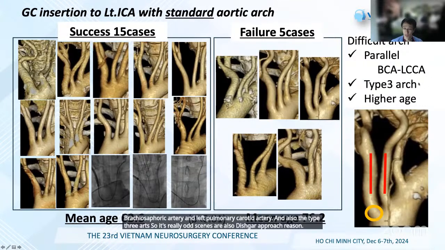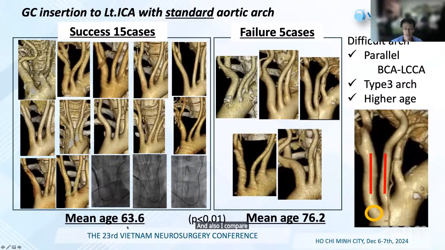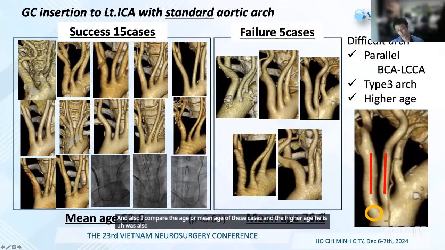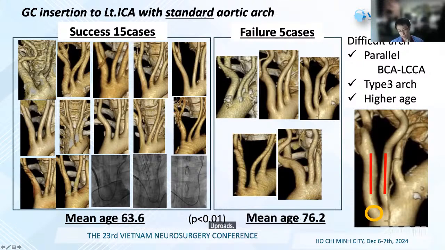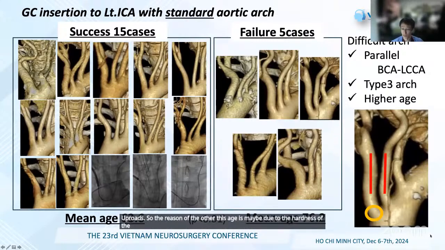And I also compared the mean age of these cases, and the higher age was also a difficult approach. The reason for this age is maybe due to the hardness of the artery, I think.